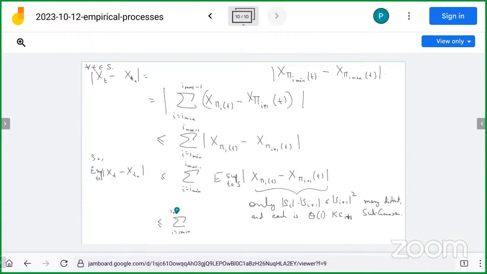Okay, but now, what is this? This we know, right? And log of the number of things, like root log.